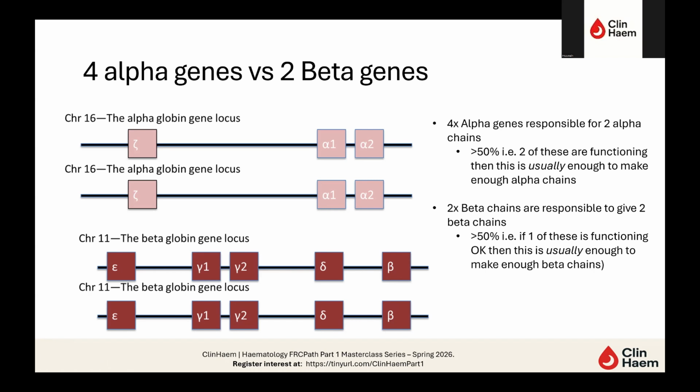So you basically need at least two of the alpha genes functioning normally to produce enough normal amounts of alpha chains, and at least one beta gene to make enough normal beta chains. There are some exceptions, but I would not go into the detail here at the moment because I'm trying to build it from the very basics, as I said in the beginning.